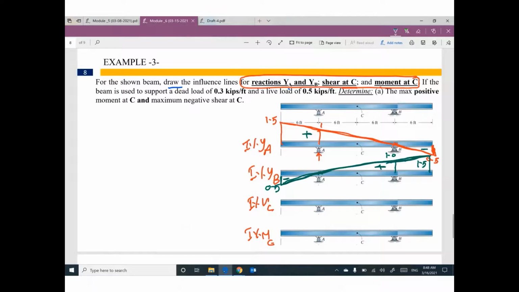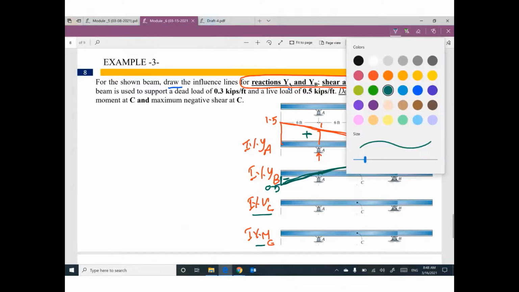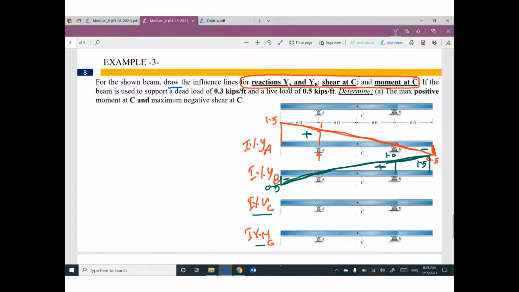If you would like to draw influence line for shear and the moment at point C, I have to go back to our trip. If you have a car moving on this bridge, I will assume this side is D, this side is E. So the truck will move from D to E, the beginning of the bridge to the end.